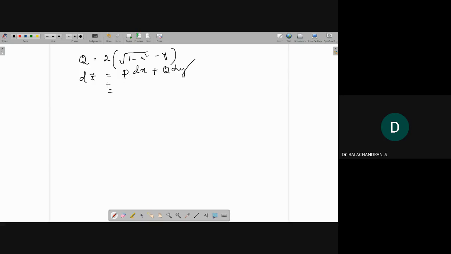So P is 2 into (a minus x) dx. Please check it. Q is 2 into (root of 1 minus a square minus y) dy.